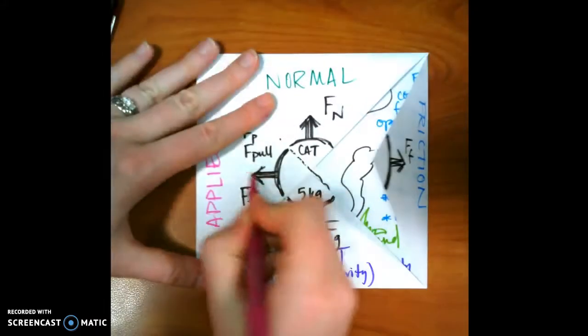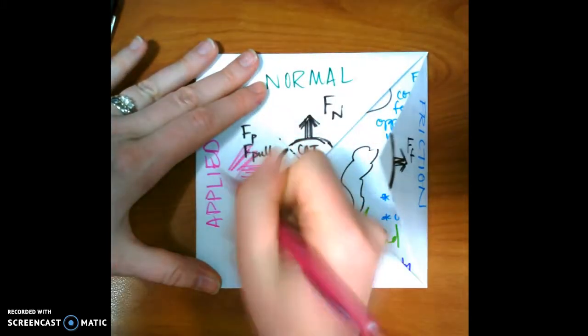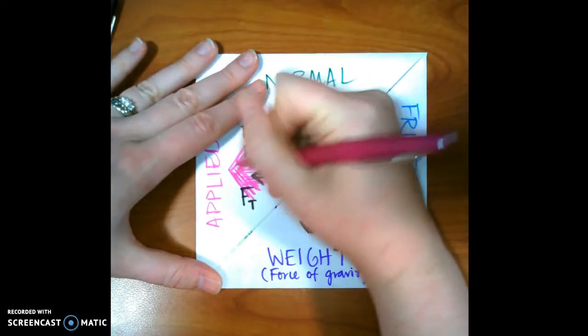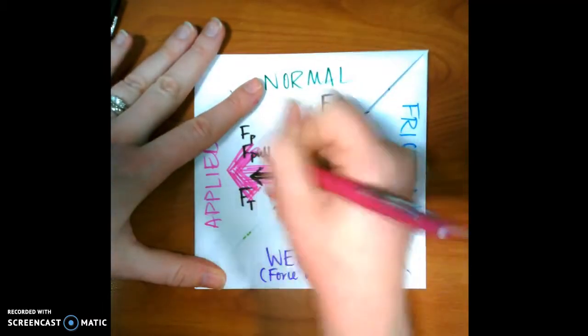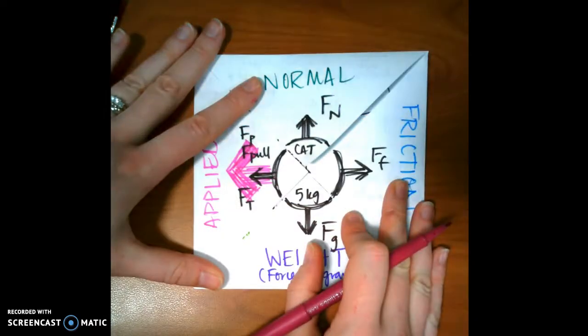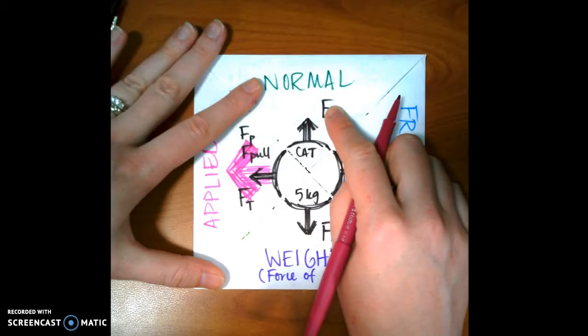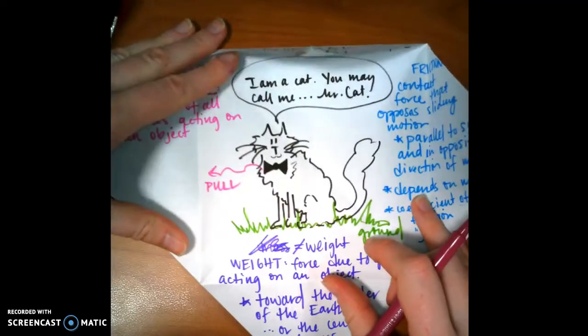What happens if I take that applied force and I make it a whole lot bigger? Well, I've already stated that my normal force is equal to and in the opposite direction of my weight if I'm sitting on a level surface.